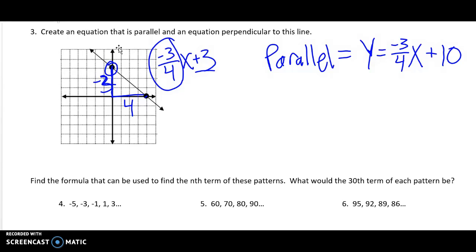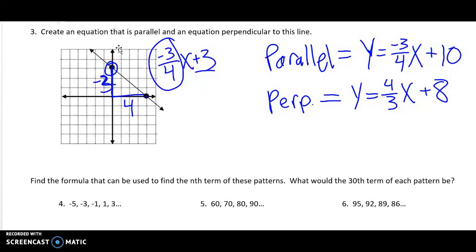As long as the y-intercept isn't the exact same, then I have a different line that is parallel. Perpendicular, I need the opposite reciprocal slope. So, positive 4/3 x, any y-intercept, plus 8. This is parallel. This is perpendicular.